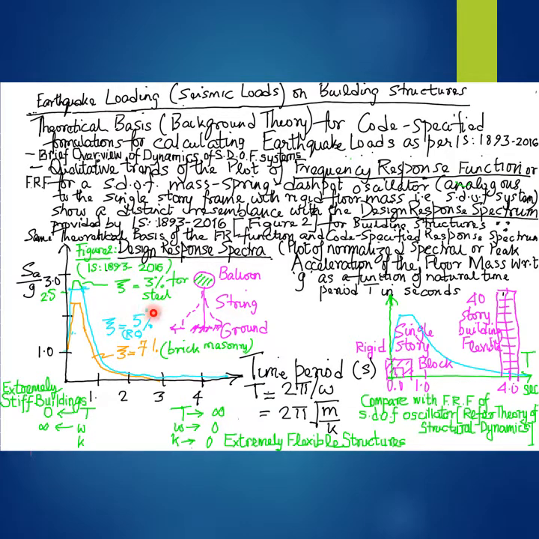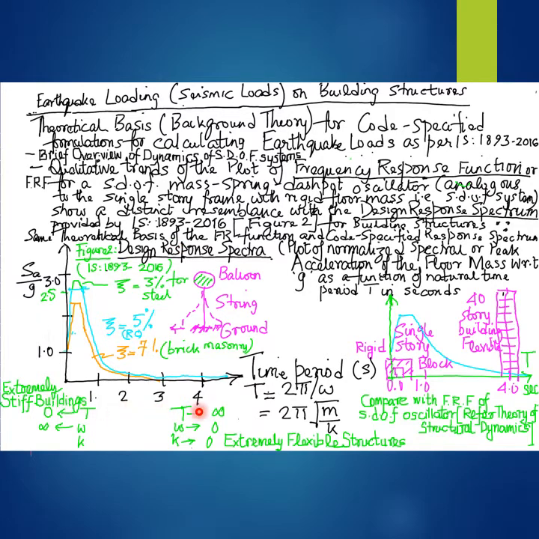Physically, in terms of real or practical building structures, the damping ratio for steel structures is typically 3%, while the damping ratio for RC or reinforced concrete structures is typically 5%, and that for brick masonry structures is 7%.